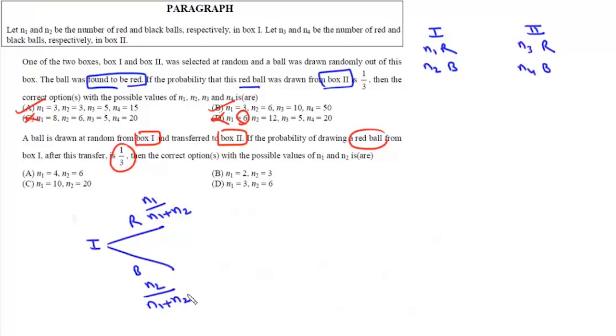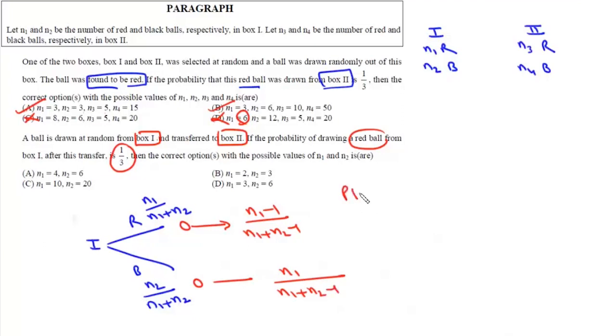It is black with the probability n2 upon n1 plus n2. Now after this transfer, we have drawn a ball from this first box. Now if the transferred ball was red, this first box has n1 minus 1 red and n2 black. So the probability of drawing a red ball is n1 minus 1 upon n1 plus n2 minus 1. And in the other case, it will be n1 upon n1 plus n2 minus 1.